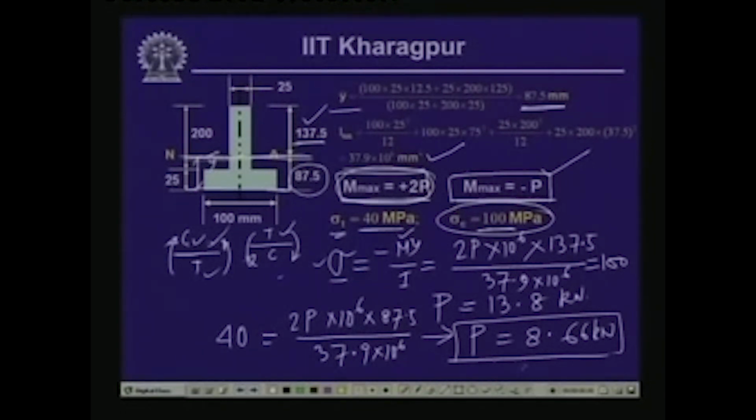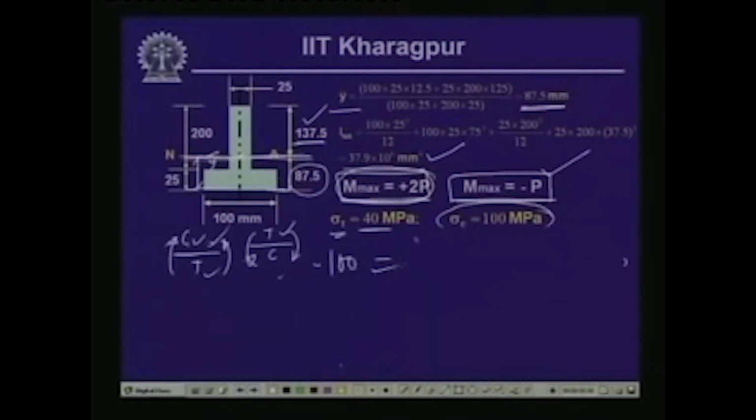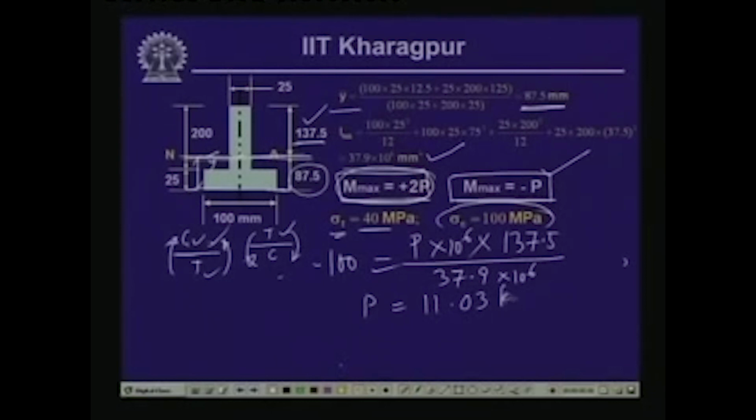Now if we compute the value of the stresses, we can get the value of P. Again the tensile stress at top, which is 100 MPa, is equal to P into 10 to the power 6 into y, which at the top is 137.5, divided by 37.9 into 10 to the power 6, and this gives us a value of P as 11.03 kilonewton.